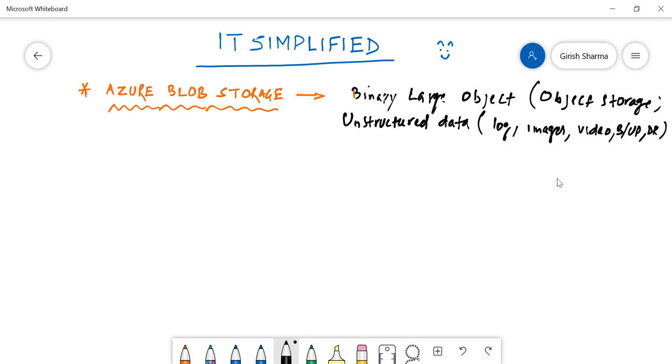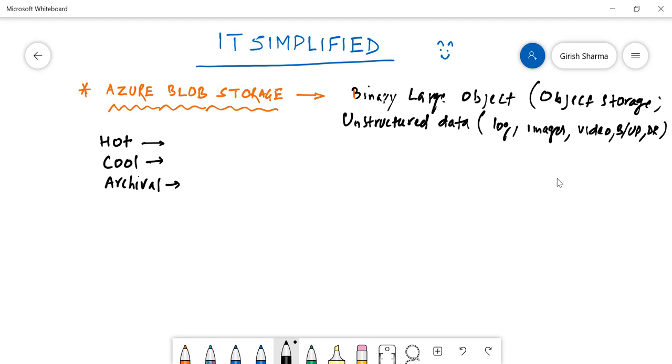Now, if you look further, there are different tiers which you can utilize within the blob storage. And as I said, there are different use case scenarios. The three most important tiers are hot, cool, and archival. Depending upon the business requirement, you can use each of them as per your business need.